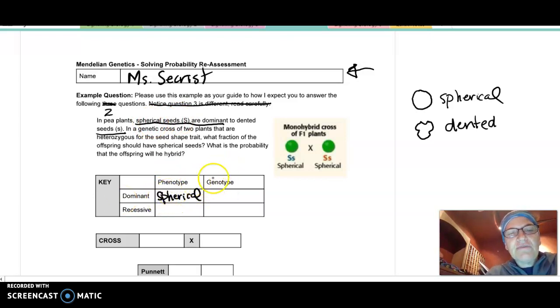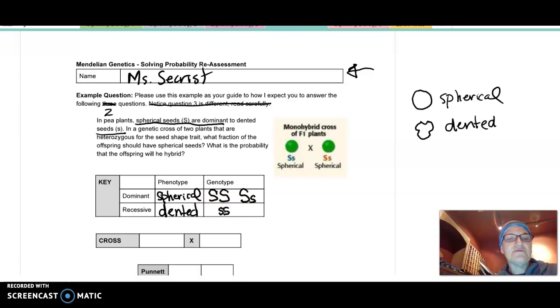The genotype that would go with that is going to be big S, or big S, little s, because those are both dominant genotypes. The recessive then is dented. That's the phenotype, physically what I see. And its genotype always has to be a homozygous recessive. That's the only way you can get the recessive phenotype.